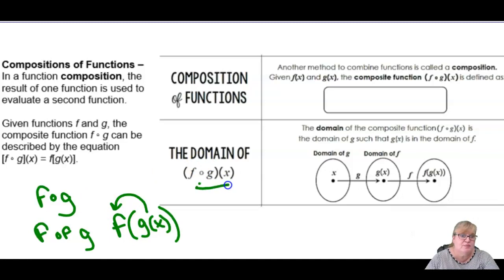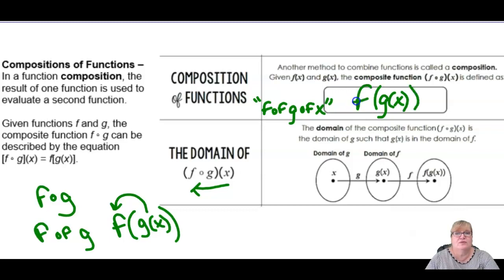This means g is put into f. Another method to combine functions is called composition. Given f and g, the composite is defined as f of g of x, is how that is read. And it means you put g of x into f.